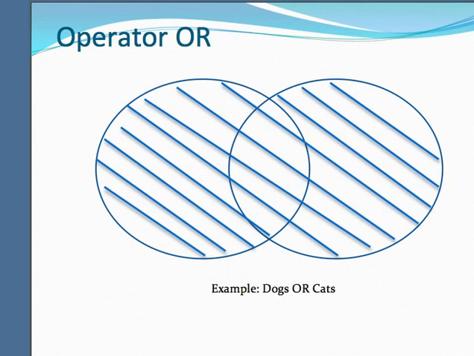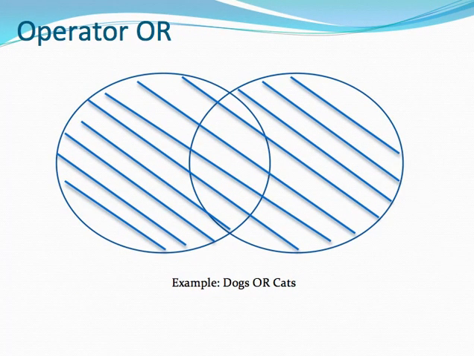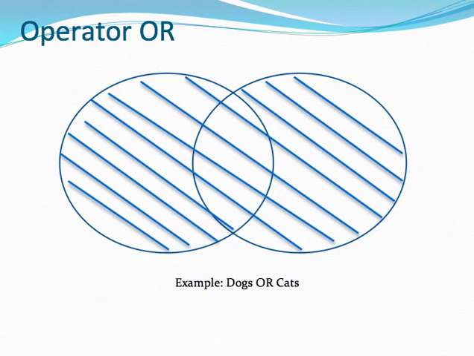Here is a very simple example to understand the concept of the Boolean operator OR. Okay? When we use, for example, two keywords, dogs and cats, and we combine them with the operator OR, we will retrieve every resource that has the word dogs, and every resource that has the word cats, and every resource that has both words.